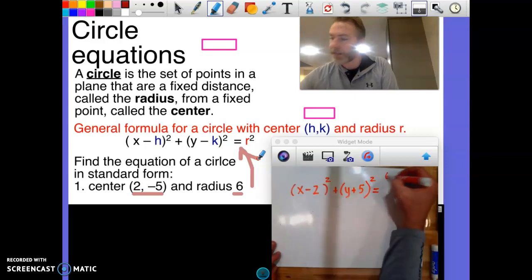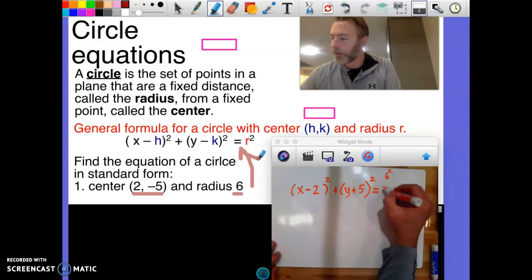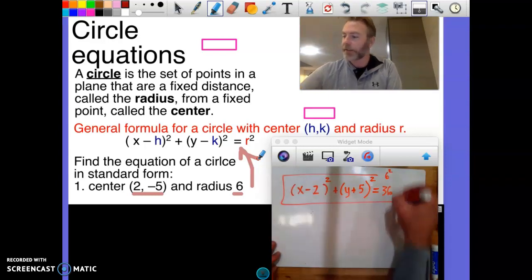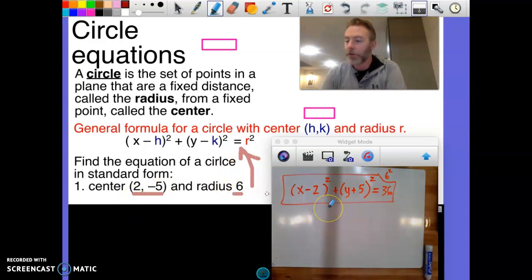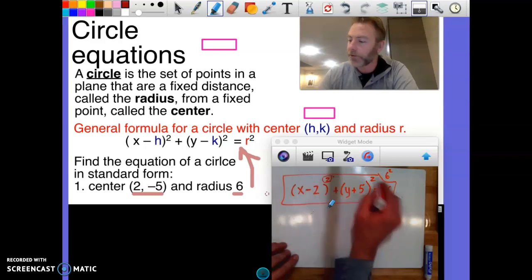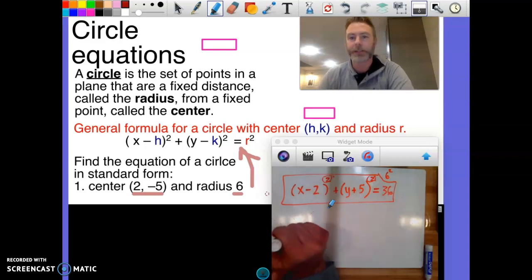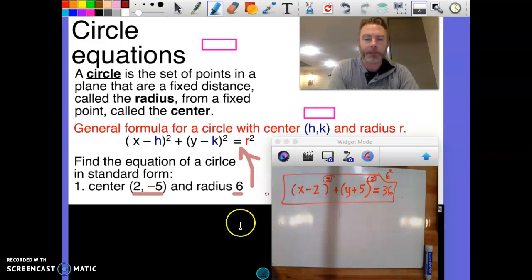Our radius is 6, and 6 squared is 36. Final. This is an equation of a circle with center at 2, -5, and radius 6 in standard form. No need for us to expand or simplify this out. We're just going to leave it like this. This is called standard form of a circle.